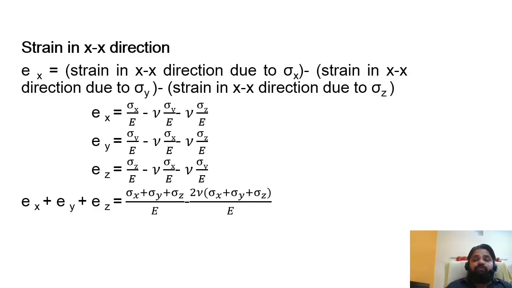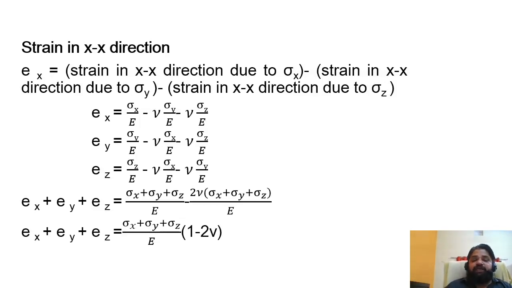Now based on that I put all these relations together, and I get sigma x plus sigma y plus sigma z by E minus 2 nu into sigma x plus sigma y plus sigma z by E. Earlier we wrote EV is equal to delta L by L into 1 minus 2 nu, the longitudinal strain converted into volumetric strain.